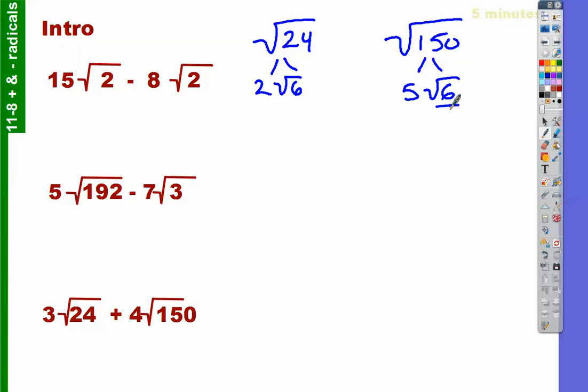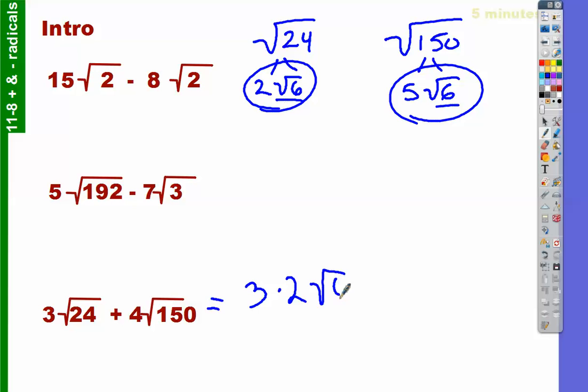Look at that. Our square roots are identical, aren't they? So I'm going to rewrite this expression down here, but instead of the square root of 24, I'm going to substitute this value. Instead of the square root of 150, I'm going to substitute that value. So I have 3 times 2 times the square root of 6 plus 4 times 5 times the square root of 6.